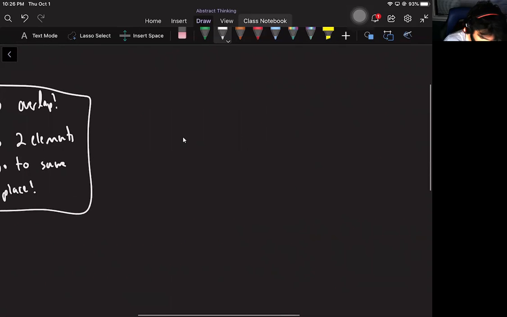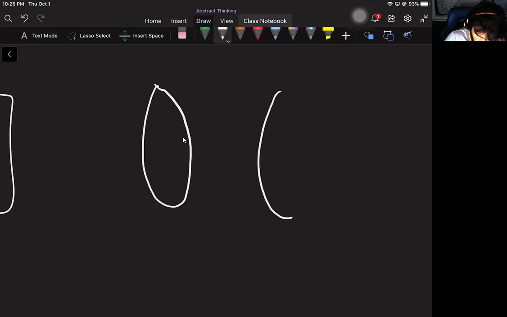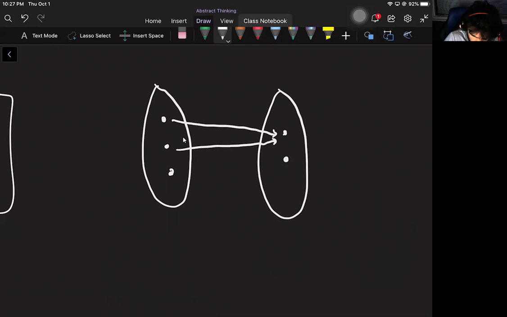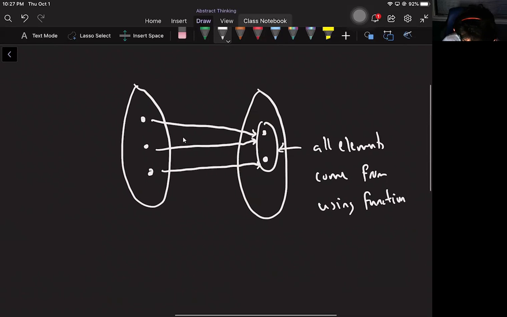And then the other nice property is being able to cover up everything in the codomain with your function. So that means something like this. There might be overlap, so we don't get that nice property, but we get this other nice property where everything over here, all elements come from using the function, aka they're all in the image, if you want to think about image from last time.